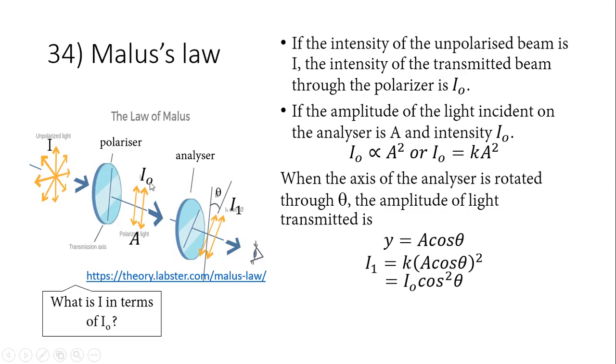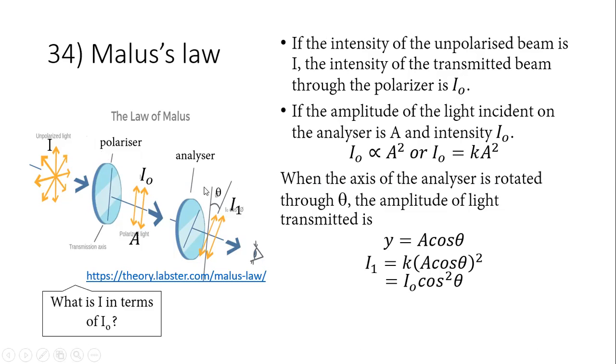Remember, this is polarized light. In this case, what is I in terms of I0? What is this I in terms of I0? The answer: I0 cos squared theta?